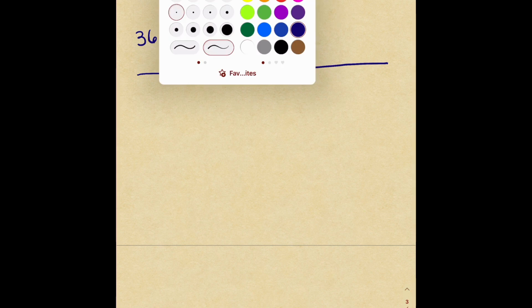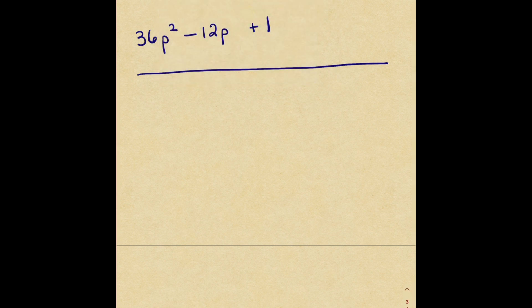The last concept is called a product of a sum and a difference. And so it's a plus b times a minus b. So what we're going to notice is, this is actually example 4, but we'll just call it example 3.